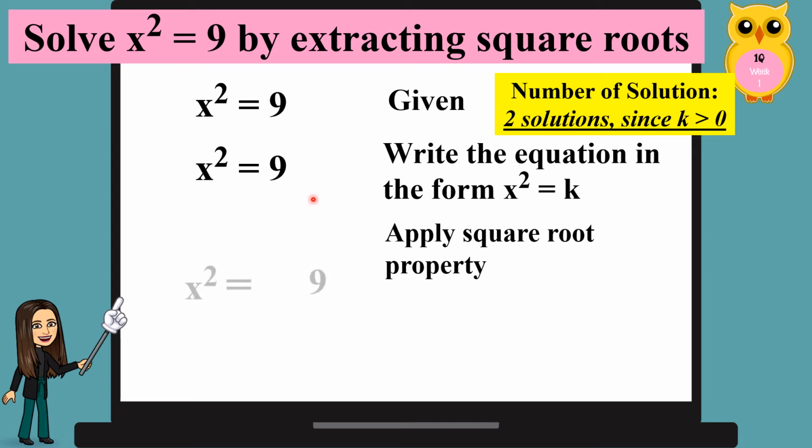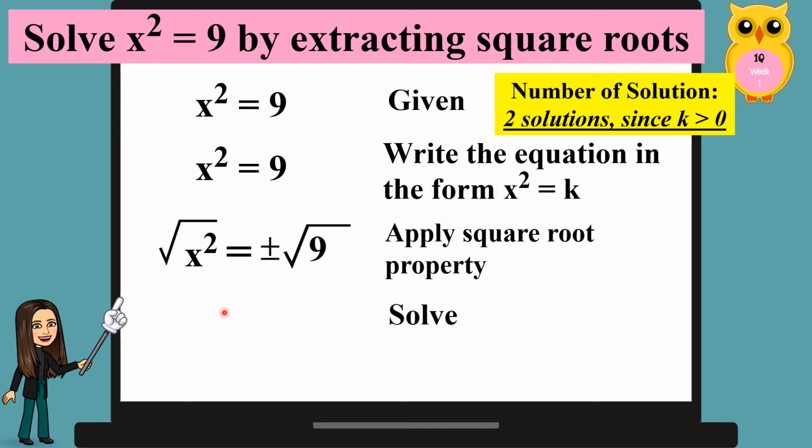So by rewriting the given quadratic equation, we put the radical sign on both sides of our equation. Okay? Then, we are now to solve. So, the square root of x squared, so we cancel this radical sign and the exponent. What's left is x on this side. And then, the square root of 9, so we have here 3.